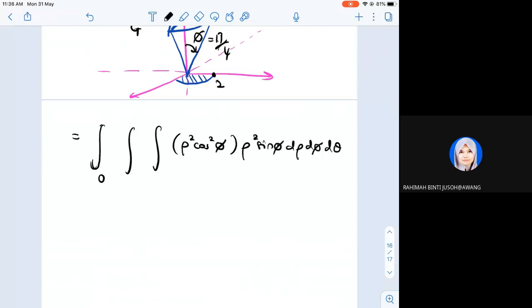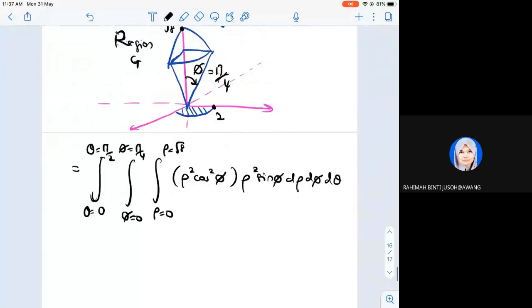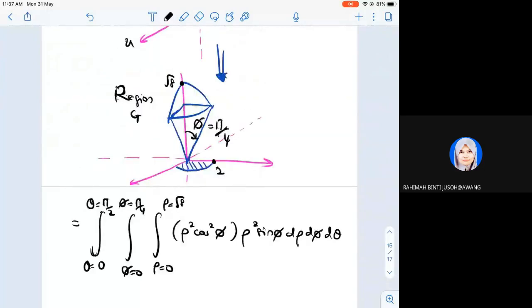Lepas tu limit untuk rho is from 0 until square root 8. Okay, and then phi from 0 until phi equals to pi over 4. And then theta equals to 0 until theta equals to pi over 2. Sebab theta daripada sini, paksi x ni, positif hingga y ni saja. So, daripada 0 ke pi per 2 lah. Phi pula. Theta sama dengan pi per 2.